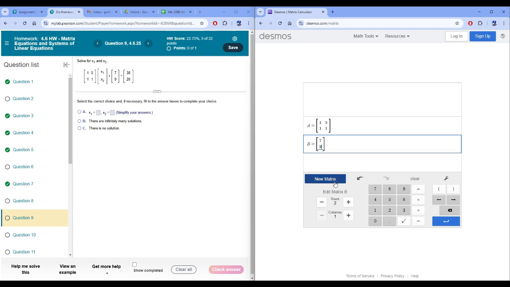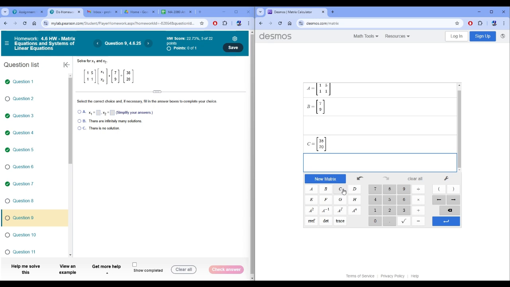And then a new matrix, which is going to be C, which is 38 and 20. So the first thing I need is C minus B, which gives me that. And then I need A to the negative 1 times, how do I do that? How do I get that answer?